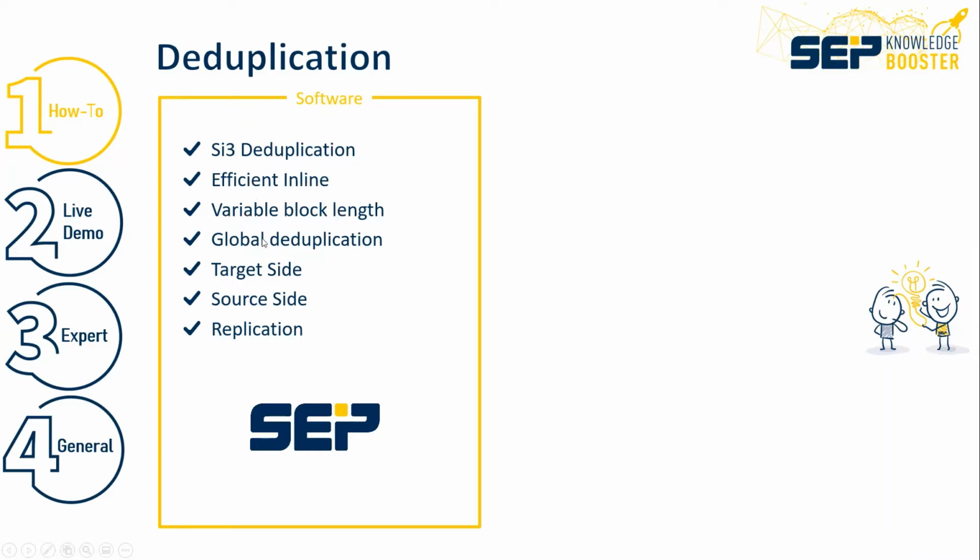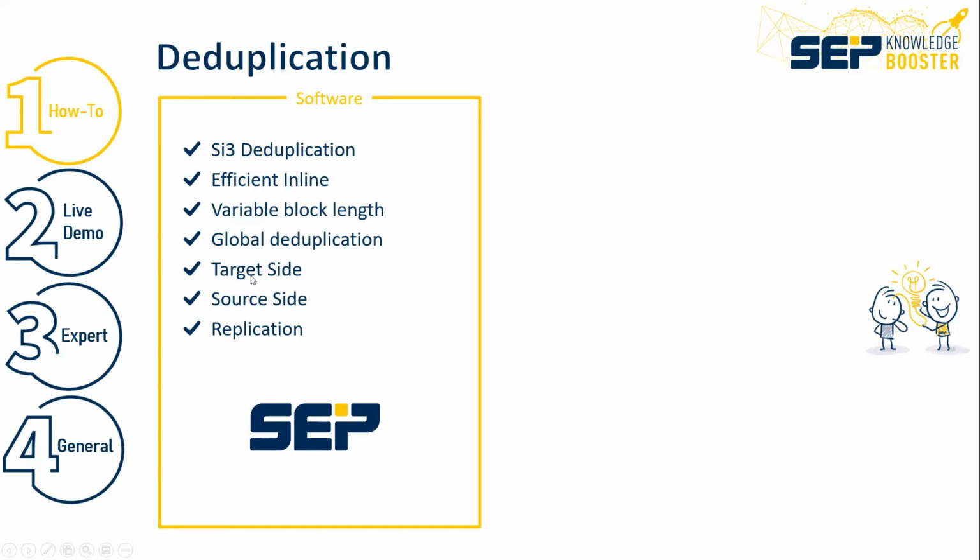It's a global deduplication, so if you back up one Windows 10 server and back up the next one from the next branch office to the same SI3 deduplication storage, then the blocks are already there, and no additional blocks will be transferred and saved on the disk storage, because it's really global deduplication.